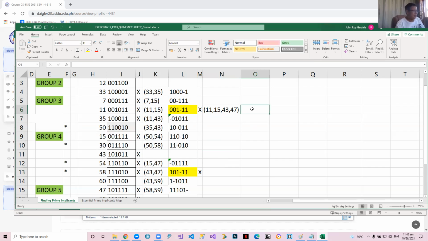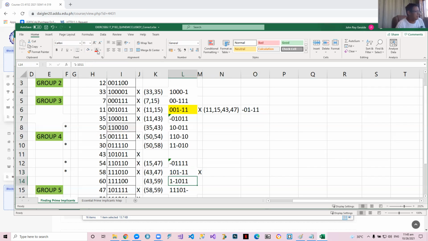Okay. What's the string here? Dash 01 dash 11. Did you follow? So we have eliminated two variables. They differ only in the first variable. Yes, correct. So I'll remove this yellow here.